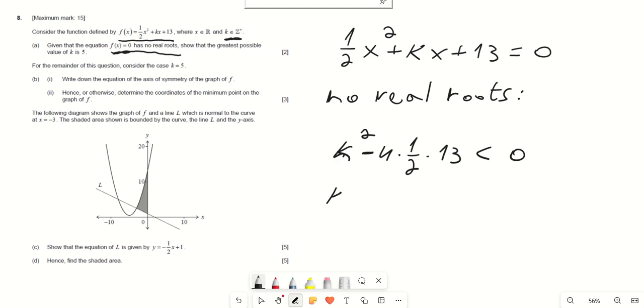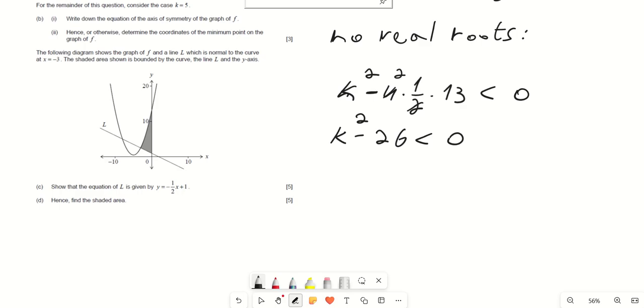So here I get k squared minus 2 and 2 cancel down, minus 26 is less than 0. So I plot this quadratic equation with a variable k.